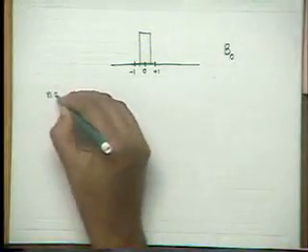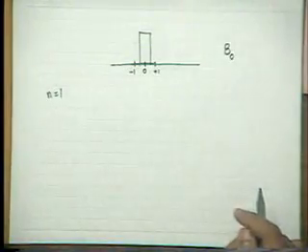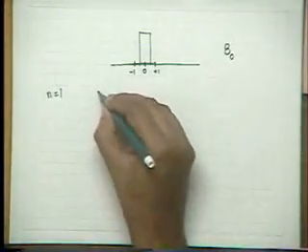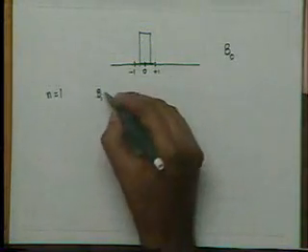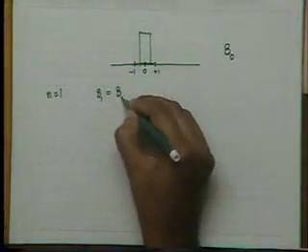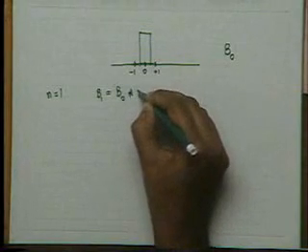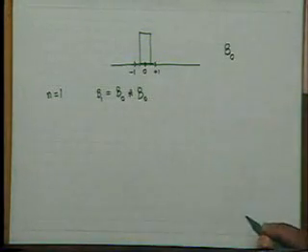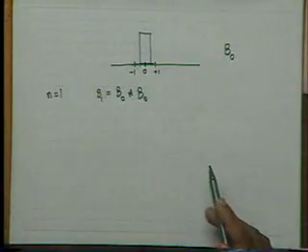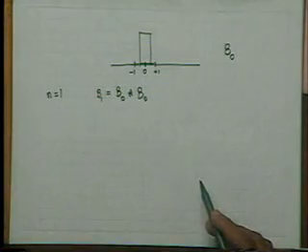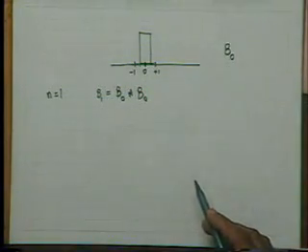That means if we are talking of a B-spline function with n equal to 1, then what we are getting is B1, and the function B1 can be obtained as convolution of B0 with B0.